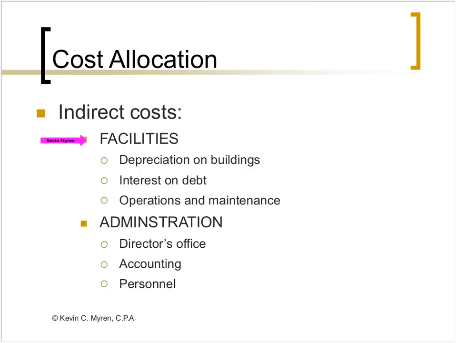Another major bucket that indirect costs fall into is administrative cost, the cost to administer or to run an organization that benefits the programs. These include, but are not limited to, things such as the director's office, accounting or fiscal, and the personnel department or human resources office. Planning and other such support activities also come into play as administrative indirect costs.